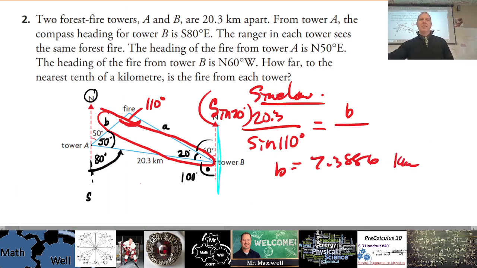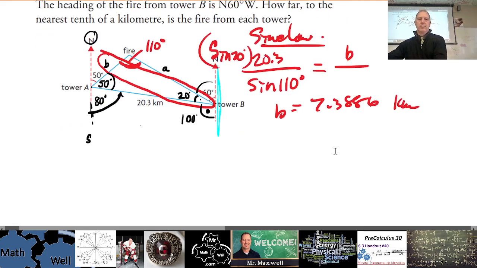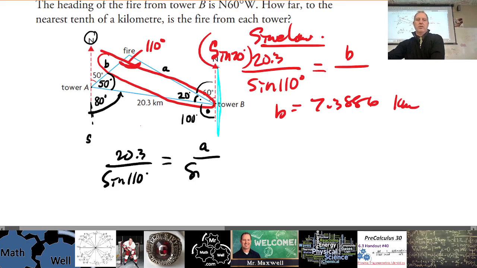Awesome. And then we do the same thing for little a. So 20.3 over sine of 110 equals, let's do little a now, over sine of 50.